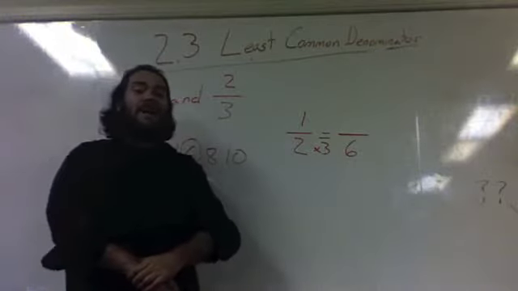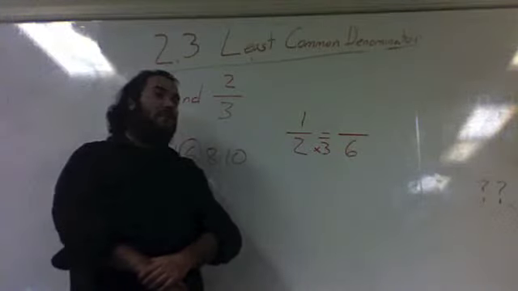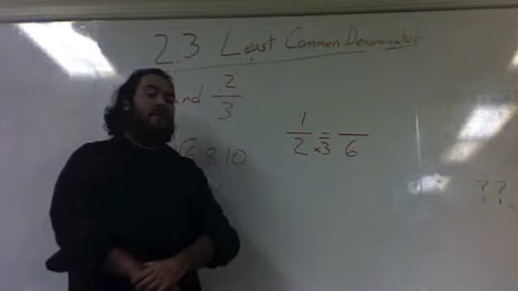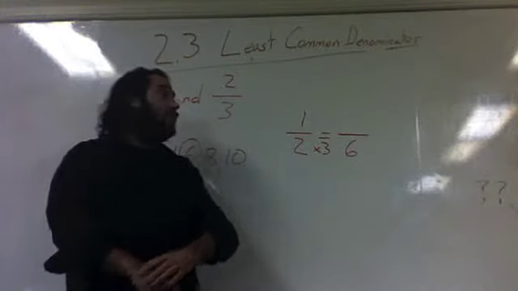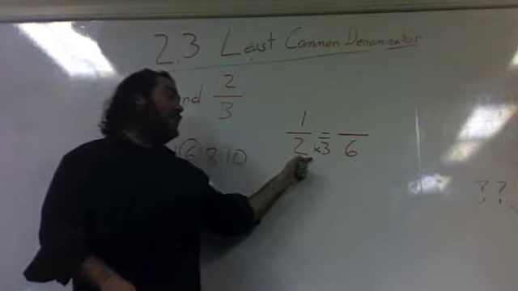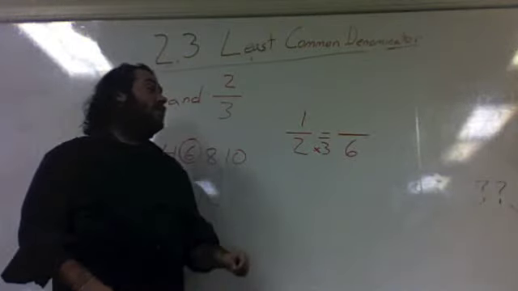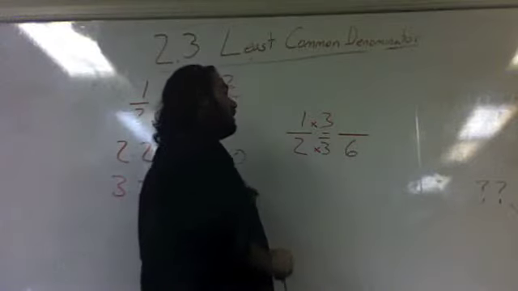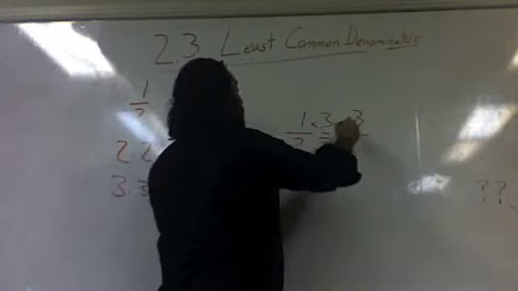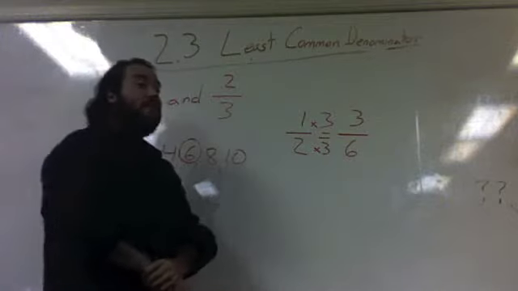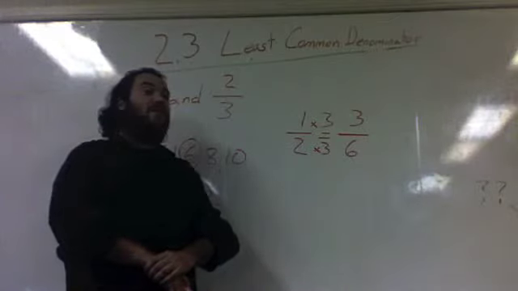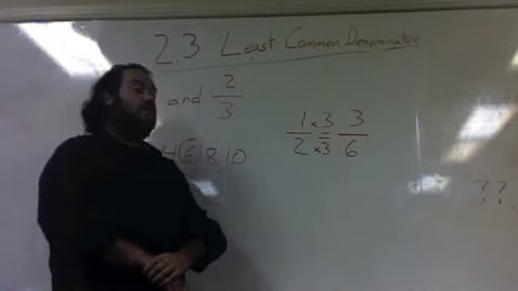As we mentioned in the last lesson, it's very important that whatever you do to the numerator, you do to the denominator, and whatever you do to the denominator, you do to the numerator. Here, because we've multiplied the denominator by 3, we now have to multiply the numerator by 3 as well. 1 times 3 equals 3. It may bother you that this number is not in simplest form, but don't worry about it. For the work we're doing right now, it's okay to not be in simplest form.